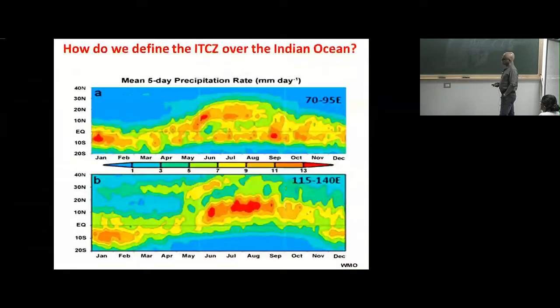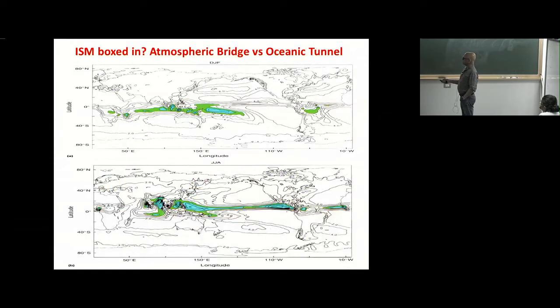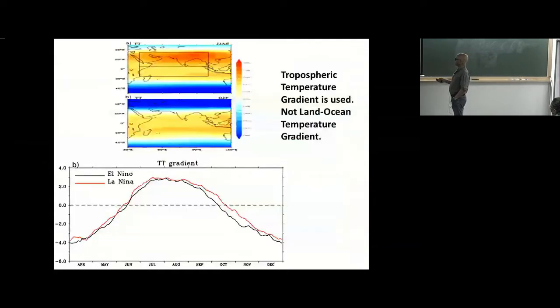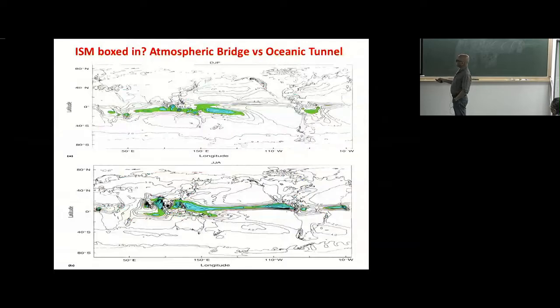So there are those kinds of details. If you then average the rainfall over this Indian band of 75 to 80 longitude band, 70 to 95, and over the so-called maritime continents, these are called maritime continents.